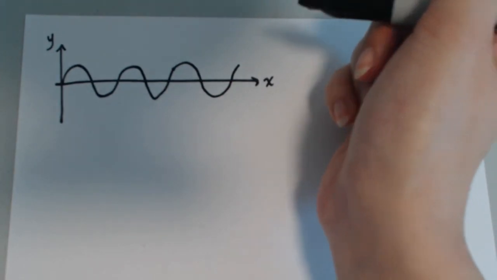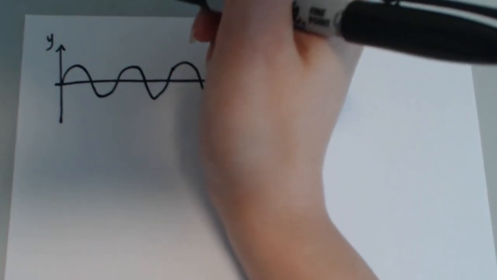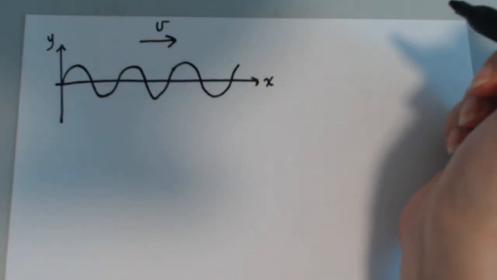If I have a wave, here's y and here's x. Let's say I pick a point on the wave, and the wave is traveling from left to right.